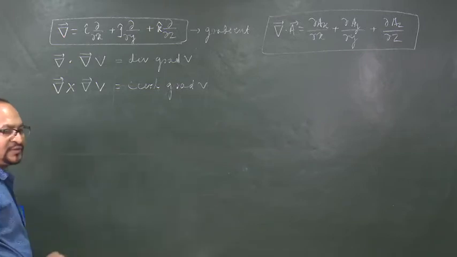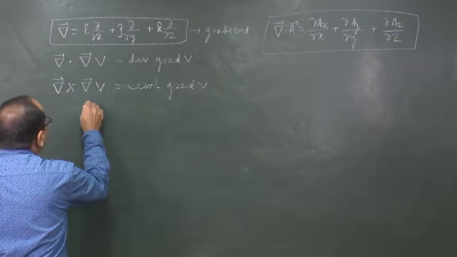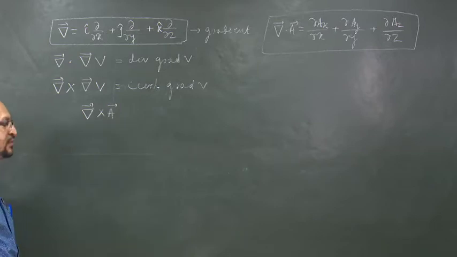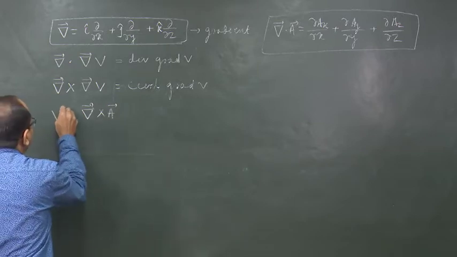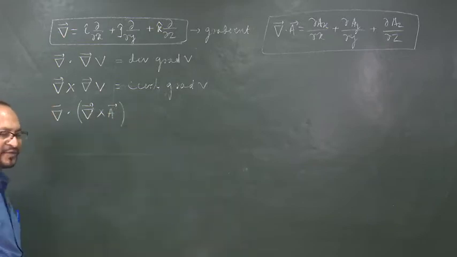These are two double operations. Then what are other possibilities? We have curl of a vector, which is a vector. We can take divergence of this curl of a vector also.